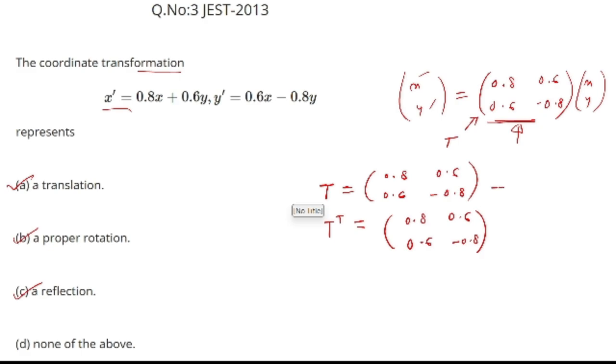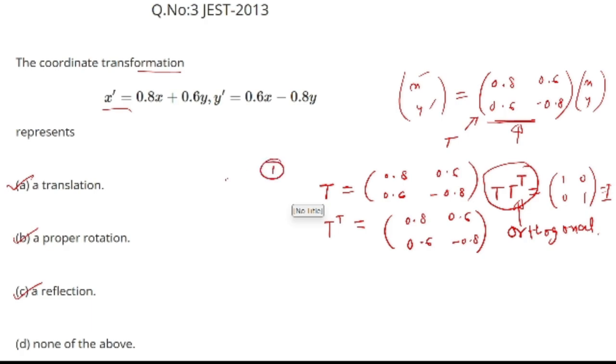If we multiply them, that is T and T transpose, it gives 1 0 0 1, the identity matrix. So we can say that this transformation matrix T is orthogonal. This is the first thing we have to check.